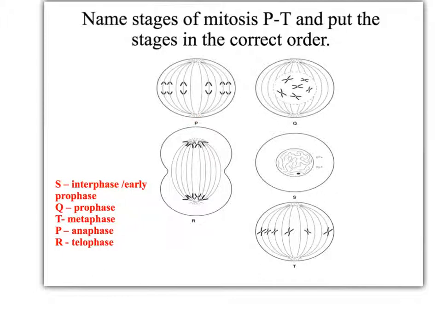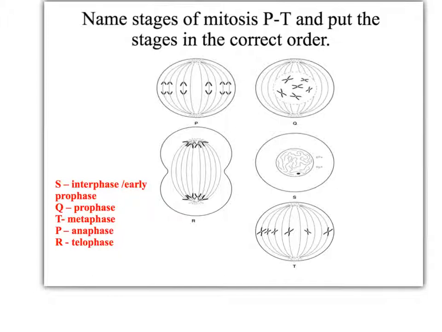When they finally get to the poles of the cell, this is telophase, and then the cytoplasm will start to form inwards and divide, forming 2 new genetically identical cells. The nuclear membrane will reform to form 2 new nuclei. Once the chromatids have separated when the centromeres split, they are once again known as chromosomes.